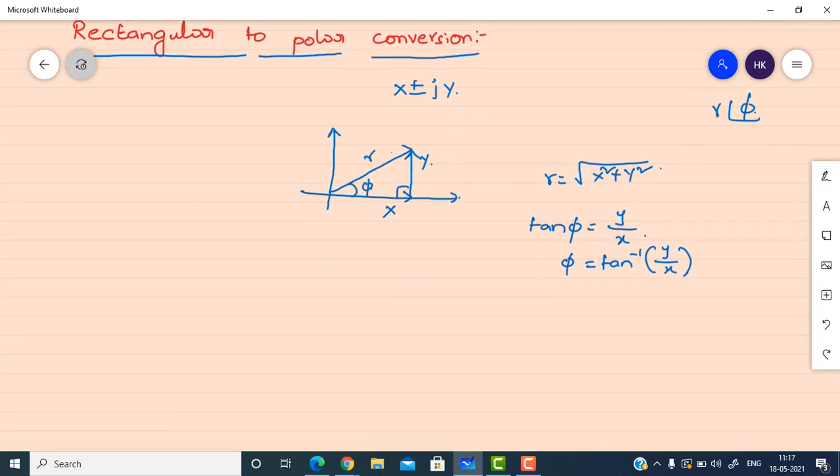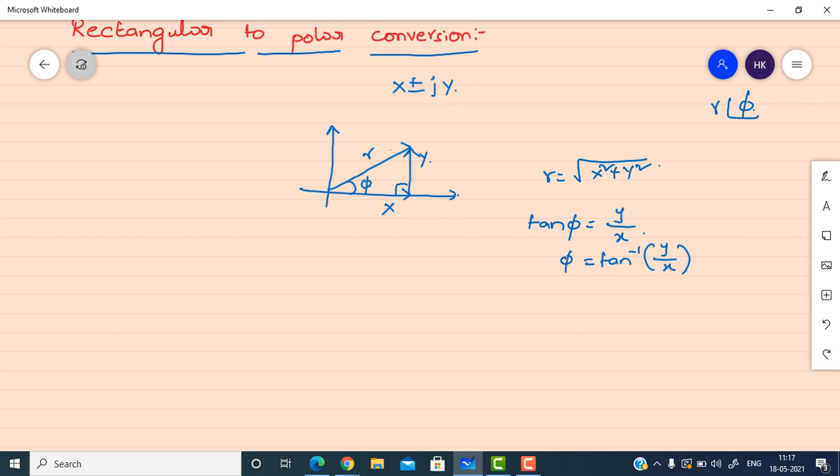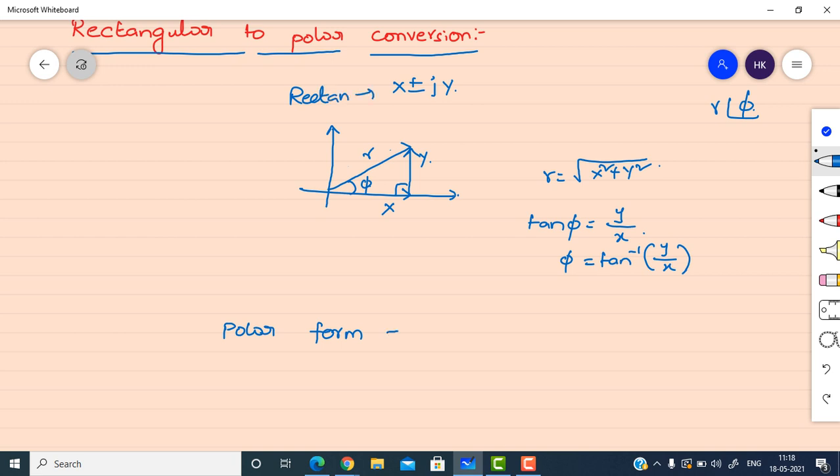So to find r, what is the formula we have to use? Under root x square plus y square. And to find the phi value, we have to use tan inverse y by x. Then the polar form representation: this is the rectangular representation. Polar form is equal to r at an angle phi.